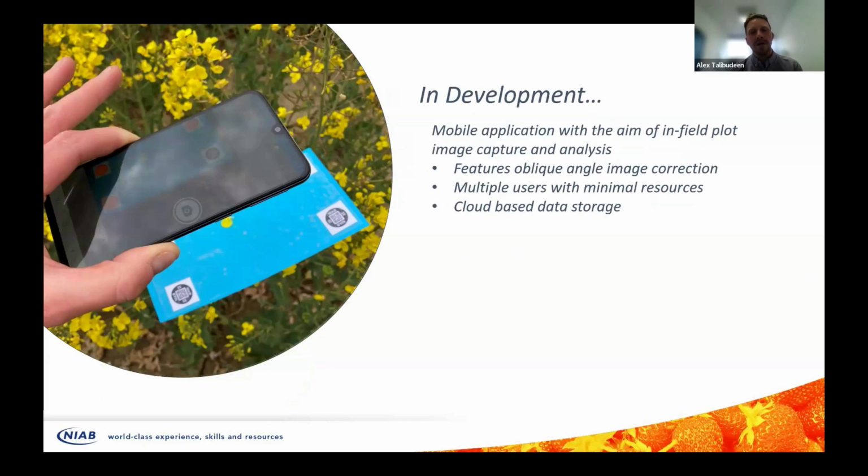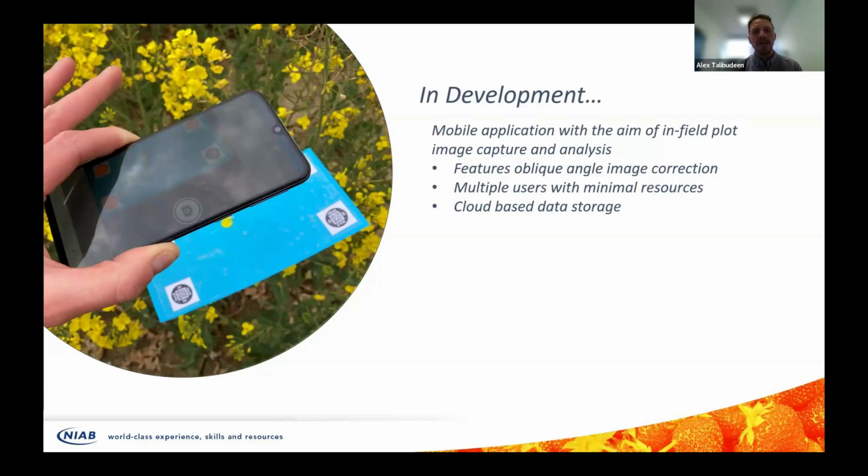But we have been most recently trying to develop our software for a mobile application. And it's kind of at the minute there for us to try and play with. We're not using it for anything.